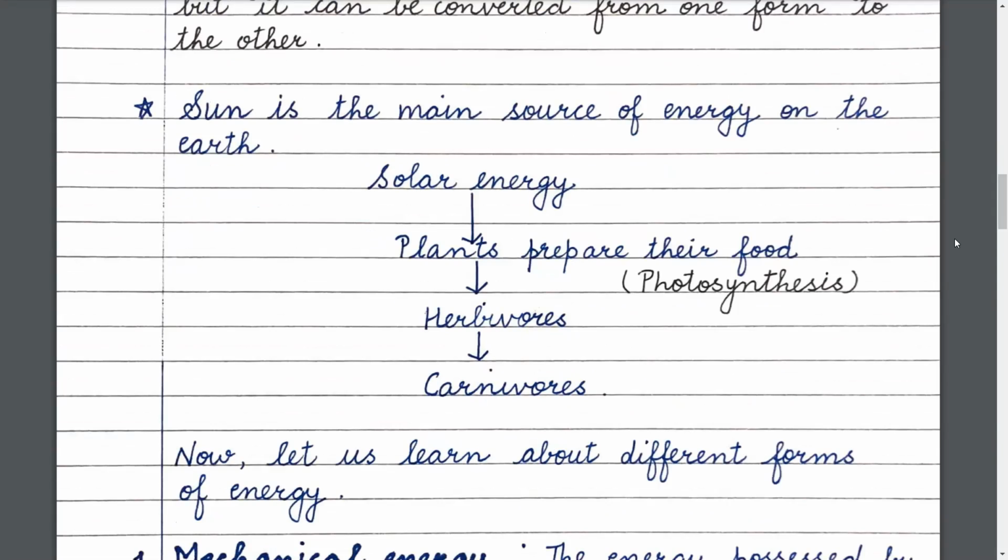These green plants are eaten by herbivores and energy gets transferred to their body. Herbivores are further eaten by carnivores and the energy is further transferred to carnivores.